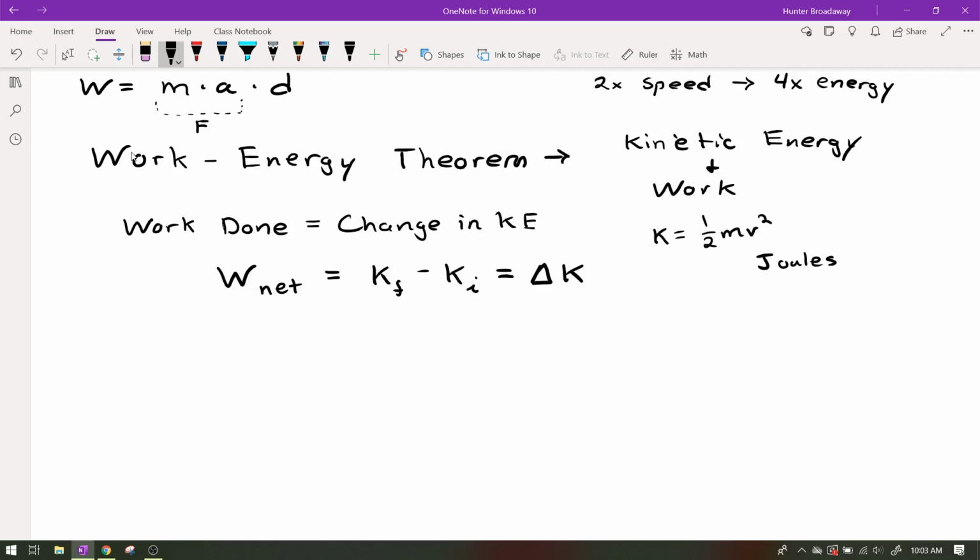It gives you a little bit of a setup to the problem. So if you're just starting out, I would recommend Kf minus Ki. If you look at it and you're okay with this, delta K is the way that you would do it.